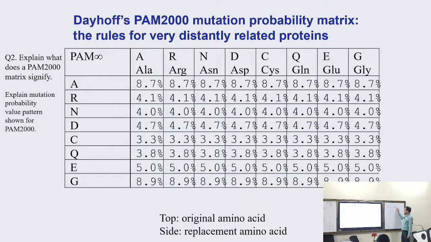So probability of A given R, and the last, probability of A given G, and I can write here 2000, 2000, 2000. So why are all values the same?